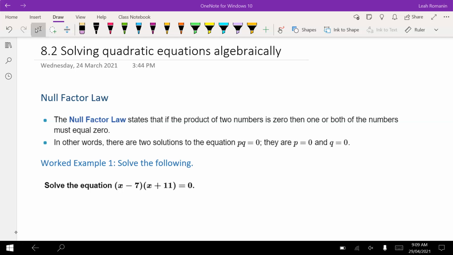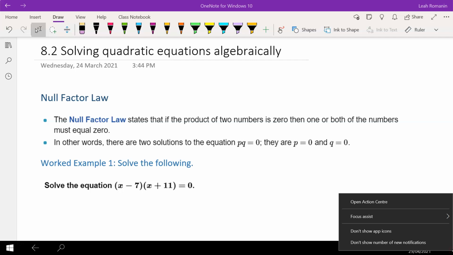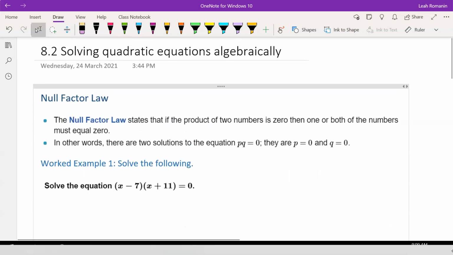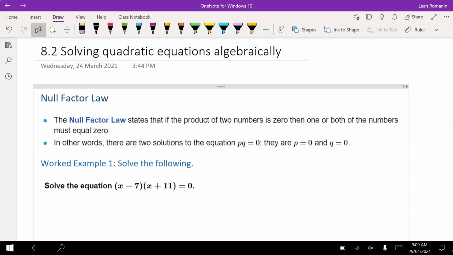The easiest way to solve is using what we call the null factor law, which states that if the product of two numbers is 0, then one or both of the numbers has to be 0, because we know that if we multiply anything by 0, it's 0, right? So the only way something can equal 0 if it's being multiplied is if it's being multiplied by 0.